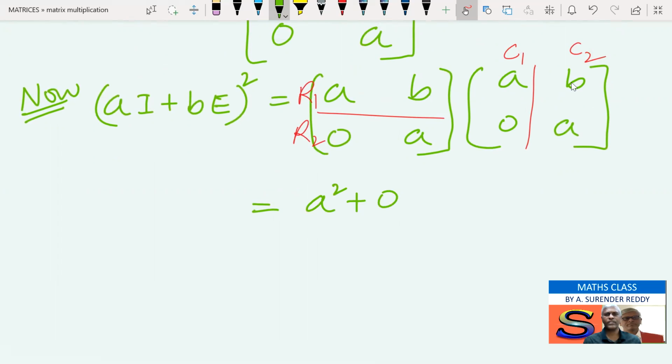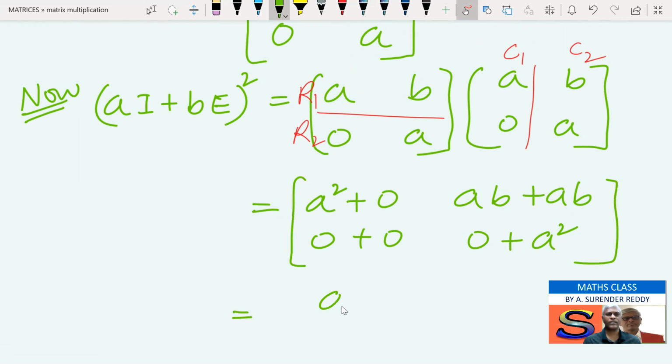R1 with C2: a into b, ab, plus b into a, ab. R2 with C1: 0 into a, 0, plus a into 0, also 0. R2 with C2: 0 into b, 0, a into a, a square.